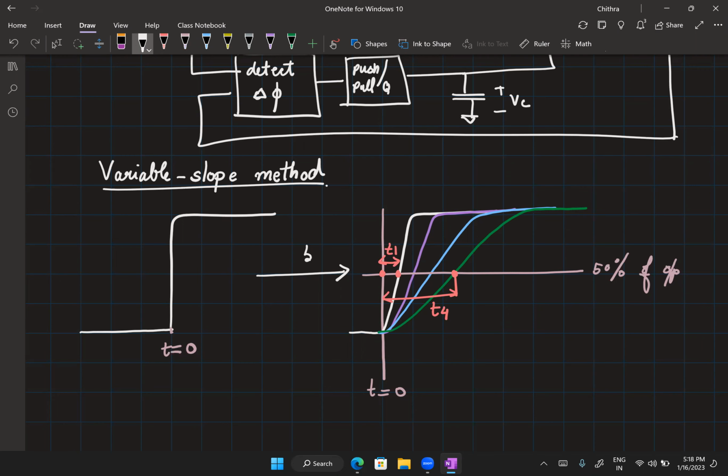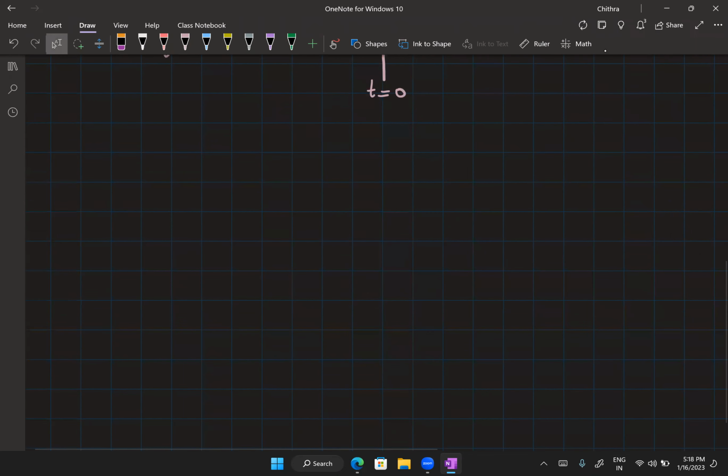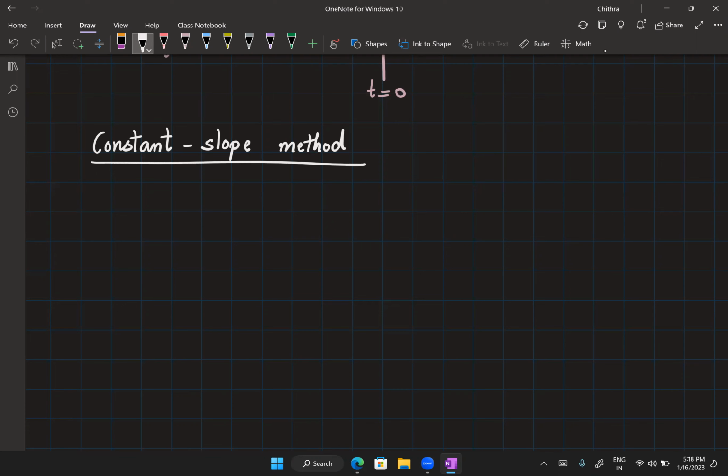Now, the other method is called the constant slope method. Now here, again, let me assume that this is my input waveform. Now to introduce the delay, I'm going to change the starting point of the slope.